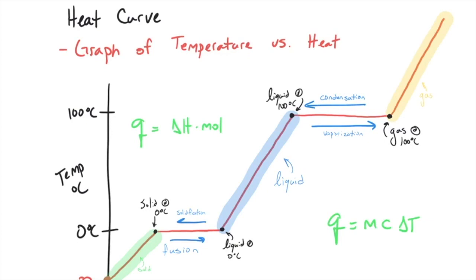Now, anytime you're dealing with a horizontal part of the graph at the solidification/fusion temperature or the vaporization/condensation temperature, you're going to use delta H times moles to calculate or quantify the energy lost or gained along the flat portion of the graph, the horizontal flat portion. And that means that the other 3 parts of the graph, because there's really 5 parts of the graph, there are 3 states of matter: solid, liquid, gas, and then there are 2 phase changes.